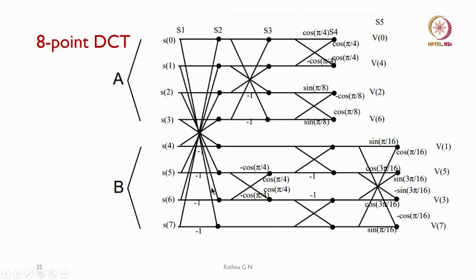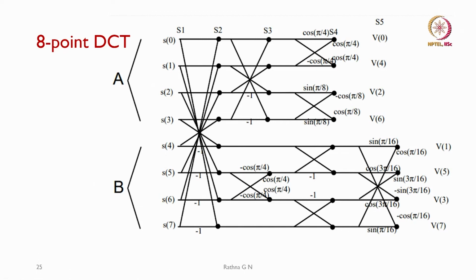The input is in order, and the output is in bit reversal format. On the odd side you will see V1, V5, V3 and V7, and these are the sine and cos functions.